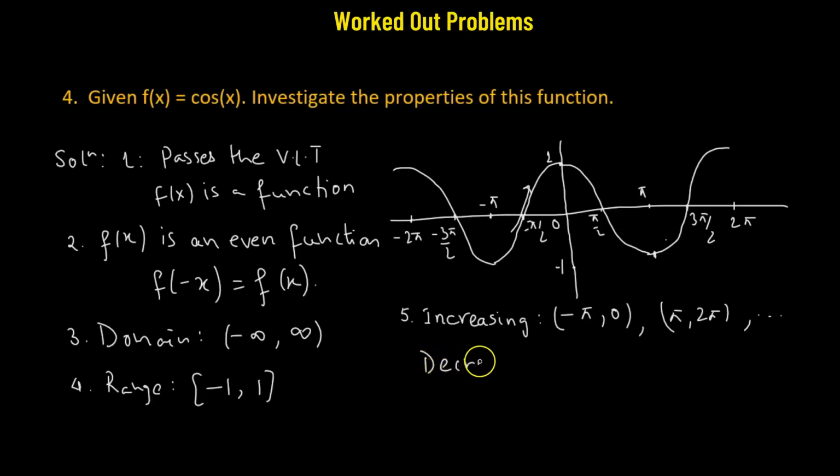Then we have decreasing. We have from negative 2 pi to negative pi. Here it is decreasing. Then we can consider from 0 to pi. Here it is decreasing as well.